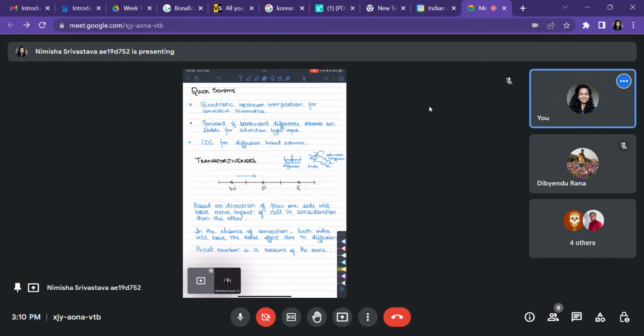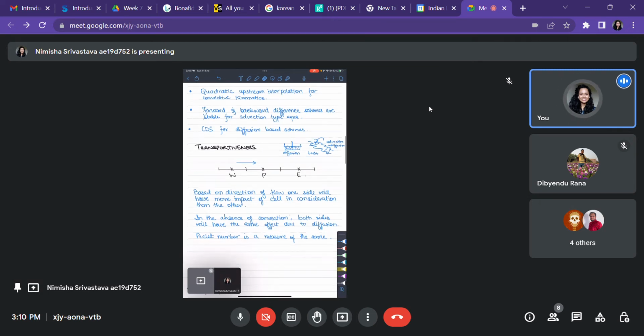In the absence of convection, that is, in the absence of any flow velocity, there is going to be only diffusion. So diffusion becomes less dominant for convective systems, but it does not go away. The degree of dominance of diffusion depends upon the speed of the flow and also upon how fast the diffusion action is.